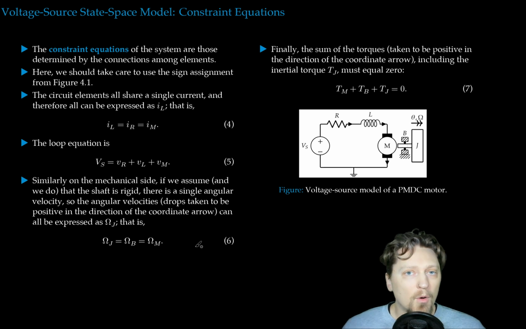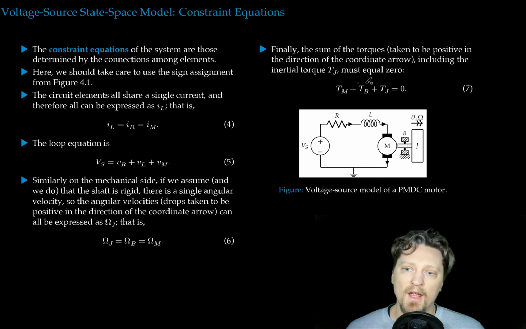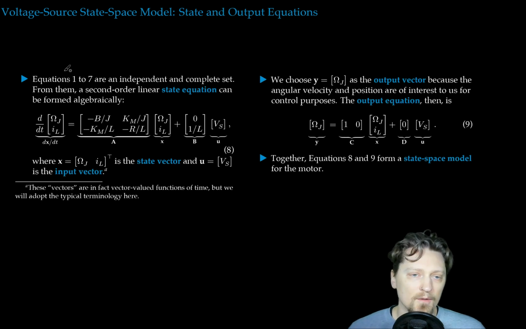Finally, the sum of the torques taken to be positive in the direction of the coordinate arrow, including the inertial torque, Tj, must equal 0. So we have Tm plus Tb plus Tj equals 0. Excellent. So equations 1 to 7 are an independent and complete set.